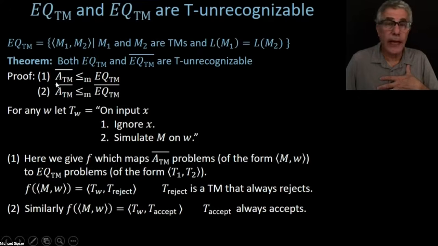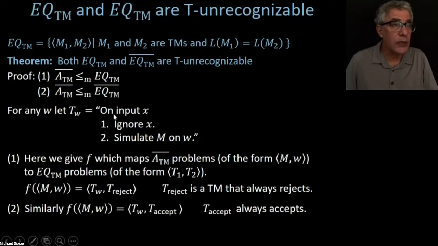So the way we get that is we're going to reduce the complement. The way we show problems are not recognizable is mapping reduce a non-recognizable language to typically the complement of EQTM. So we're going to mapping reduce the complement of ATM to both EQTM and to the complement of EQTM to show that both of those are not recognizable.